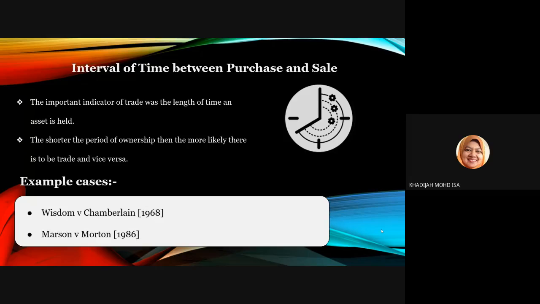So why is the movement of the case important? Normally, in the first case, if the Inland Revenue says that this is taxable, and you as a taxpayer say that it's not taxable, then you can see who actually brings the case to the court. Is it the taxpayer or the Inland Revenue? If the taxpayer brings the case, then the name of the taxpayer is in front, against the Inland Revenue.